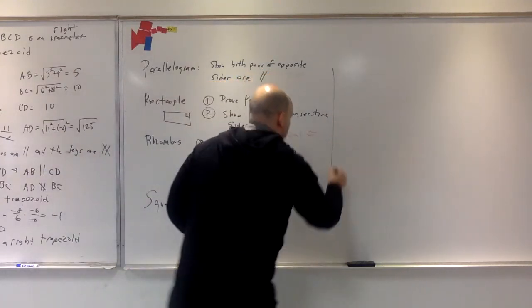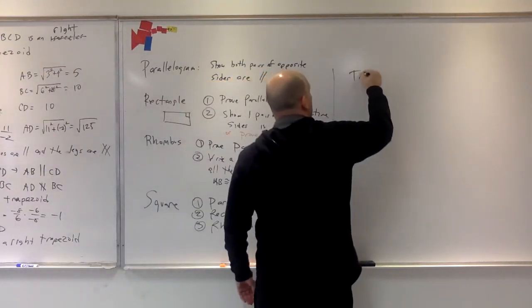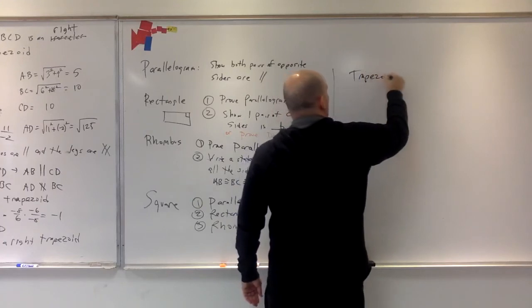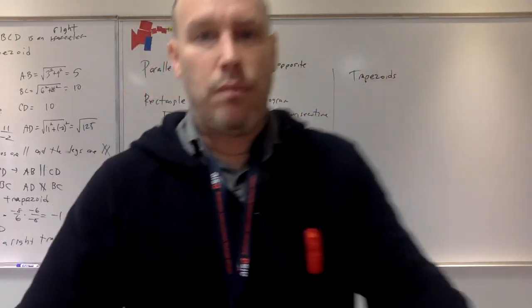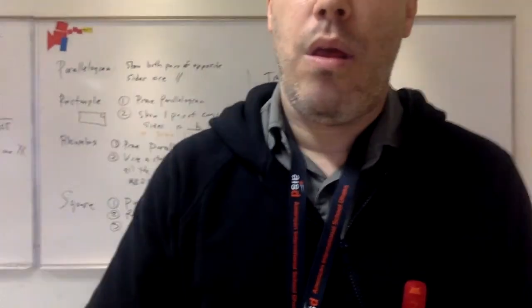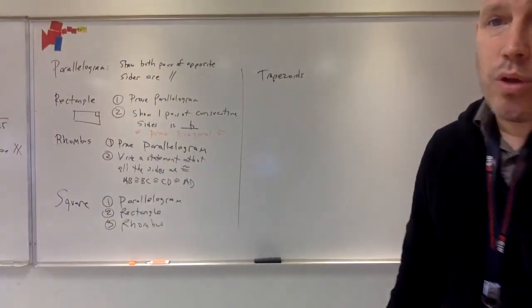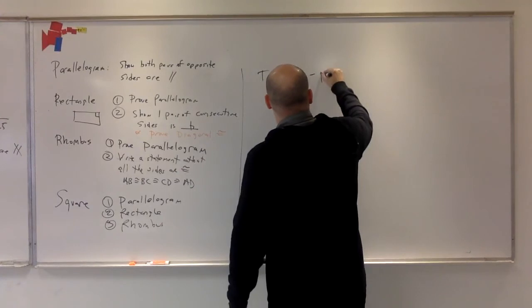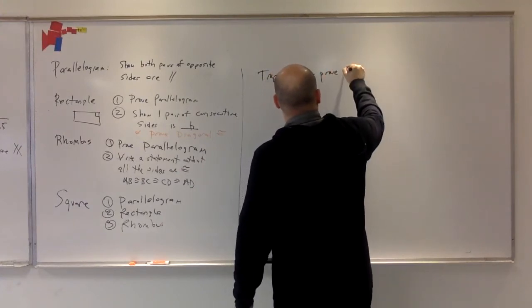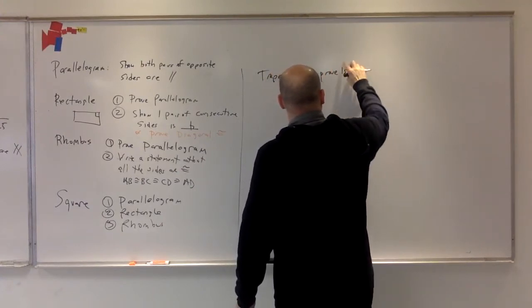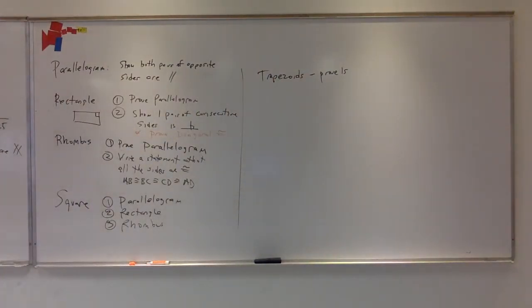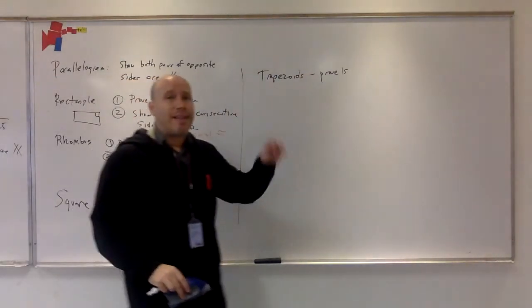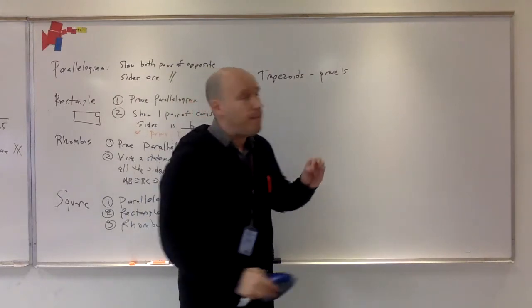What else? Trapezoid. How do we prove something's a trapezoid? Well, once again, you have to prove one pair of sides is parallel, but you must show me that the other pair is not parallel.